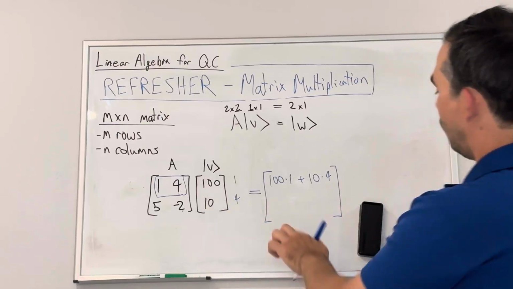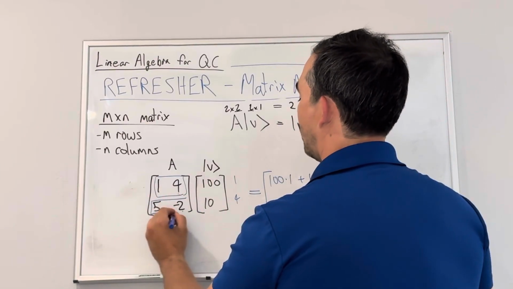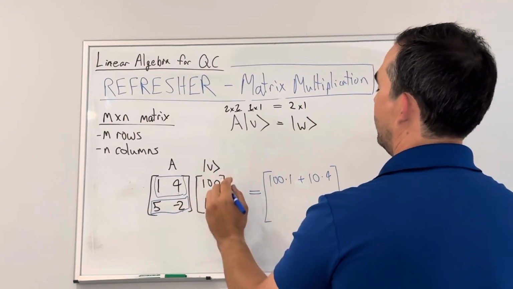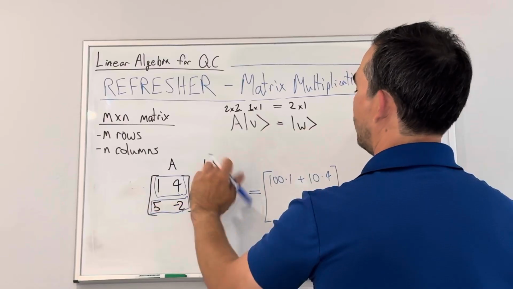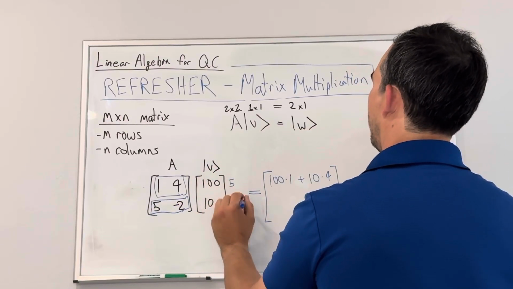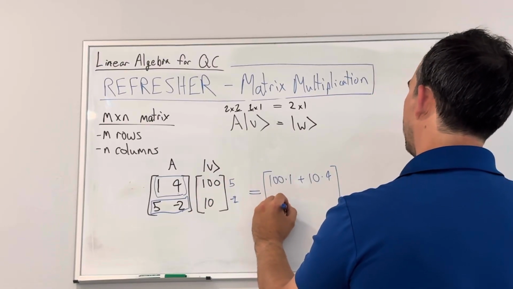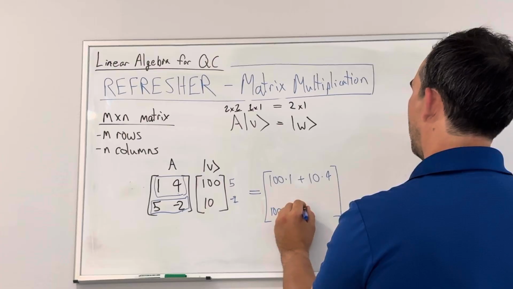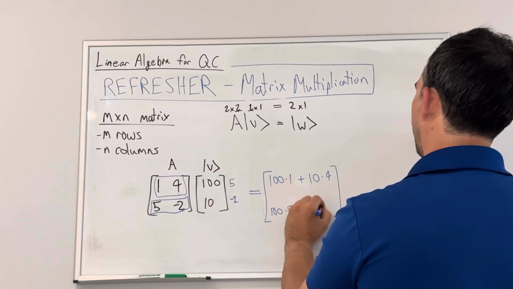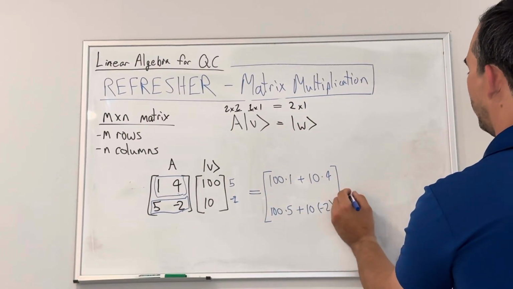For my bottom row, I take this row, turn it sideways, and multiply it by this vector, so that's 5 and negative 2. So 100 times 5 plus 10 times negative 2.